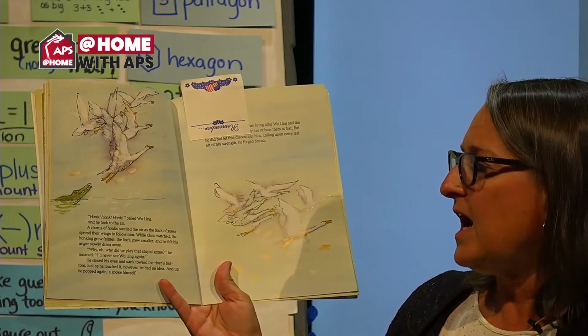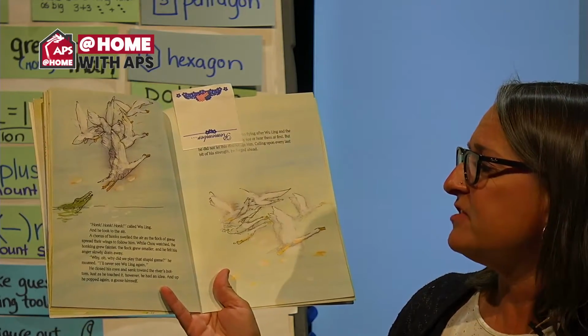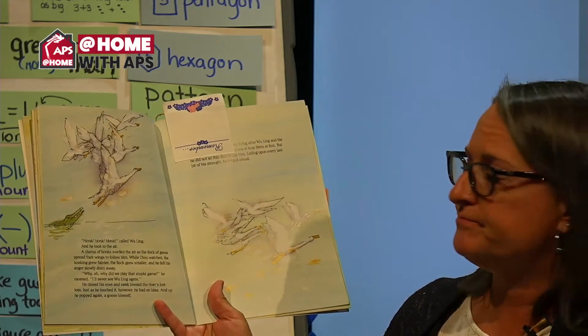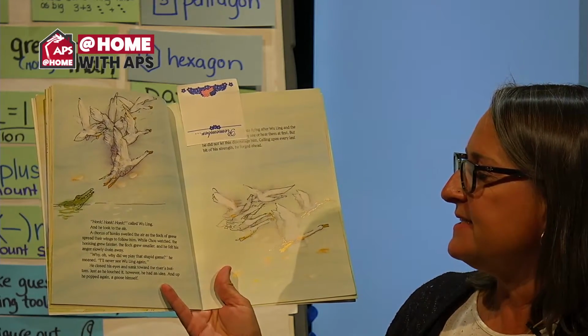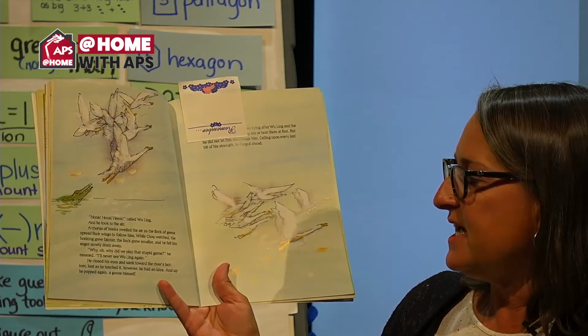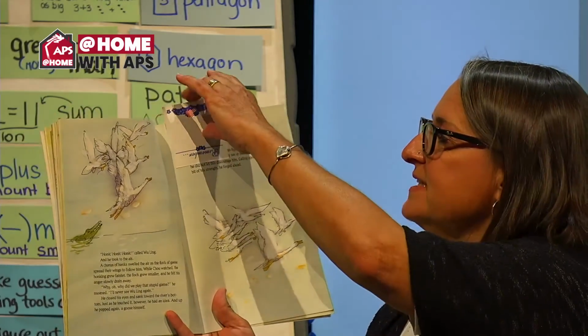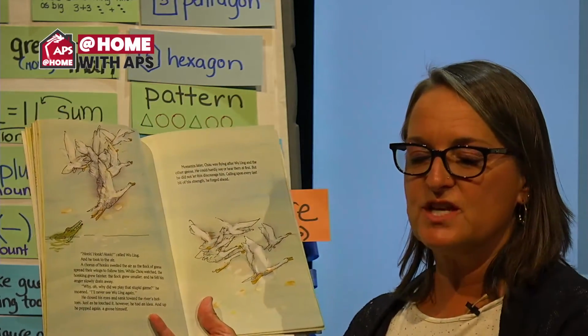Chow said, "Why, oh why did we play that stupid game? I'll never see Wu Ling again." He closed his eyes and sank toward the river's bottom. But just as he touched it, he had an idea. Remember? Did you think about what his idea was? What do you think he'll change into?